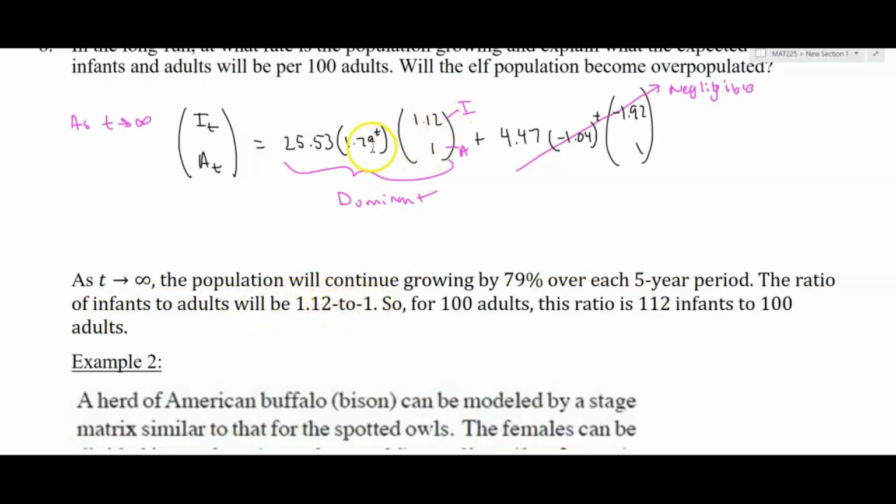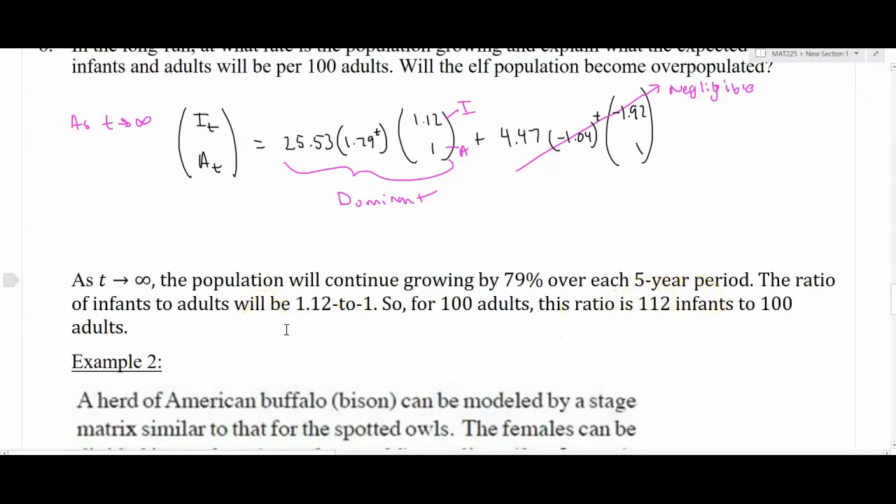So that ratio, no matter how much I continue to scale these two components, as long as they're scaled by the same factor, which they are, they're scaled by this coefficient here, the ratio will always be 1.12 over 1. So for one adult, there'll be 1.12 infants. So if I scale this up by 100 and scale the infants up by 100, that translates to, for 100 adults, a ratio of 112 infants to 100 adults.